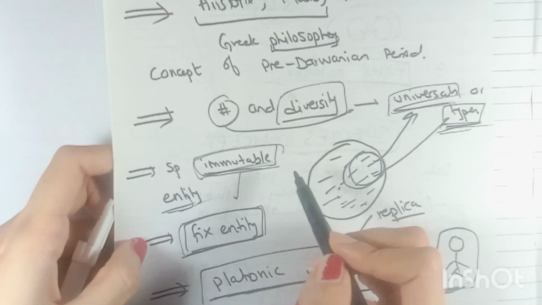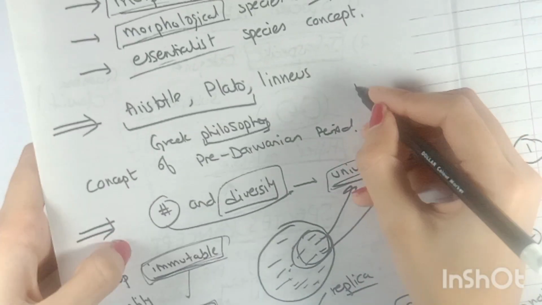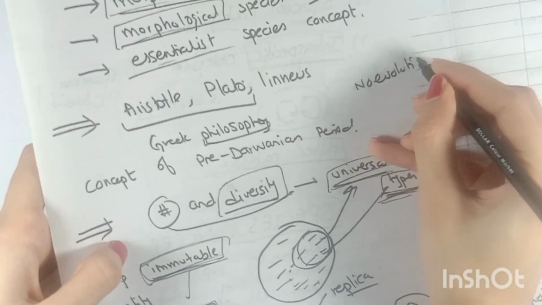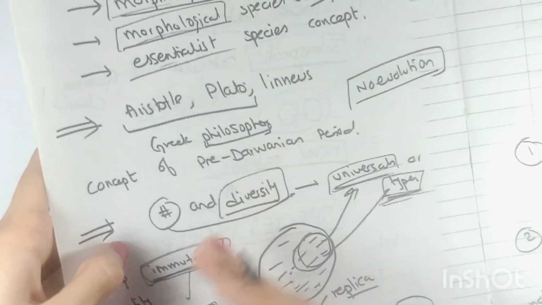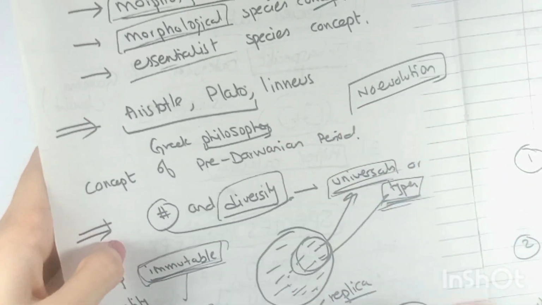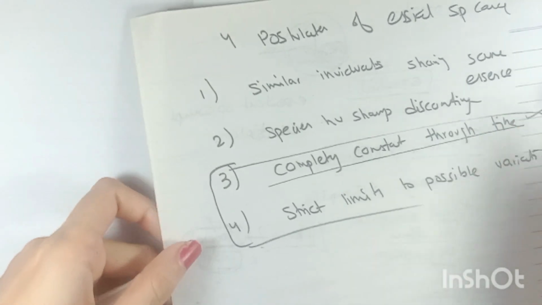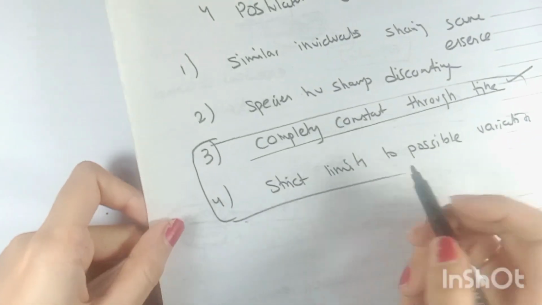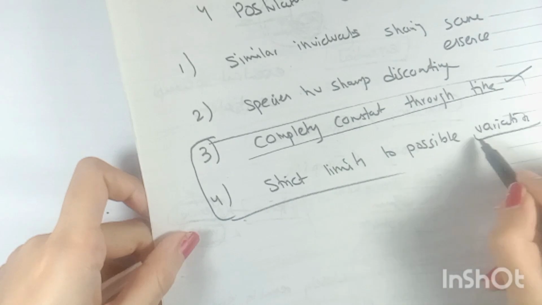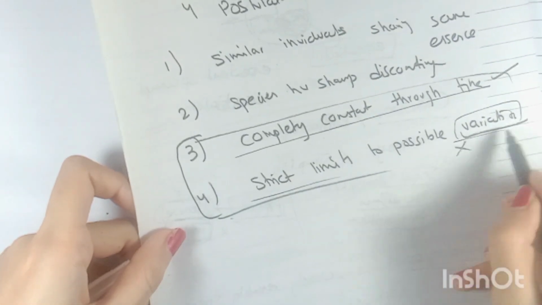It means no variation, no mutation, no kind of change, no evolution. This concept is saying that species are going to remain the same. There cannot be any change among the generations. Completely constant through time means no evolution, no change, a fixed entity. And strict limits to possible variation means no variation is going to happen; there are strict limits allowed for variation.